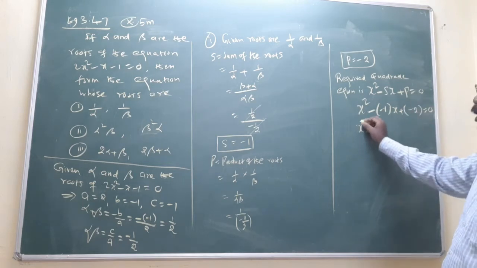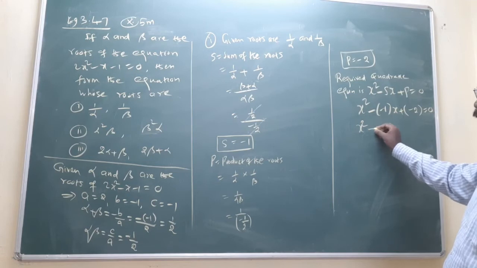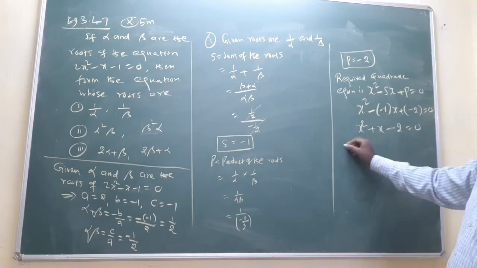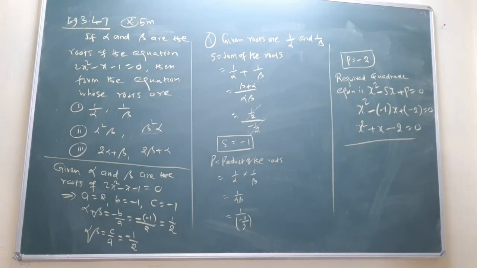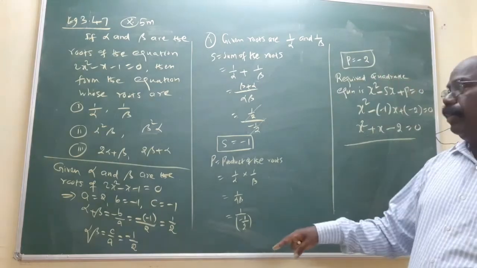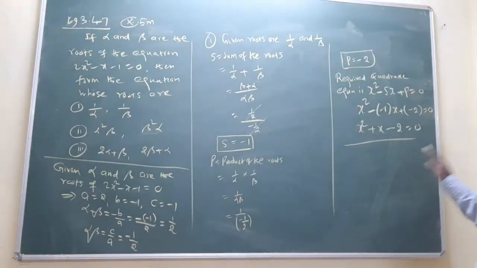Now simplify: X square minus into minus plus 1 into X plus into minus minus 2. This is the answer. Substitute the S and the P values in the formula. But anyway, from the beginning you must find the value of alpha plus beta and alpha into beta. That is very important. The first sum is over.